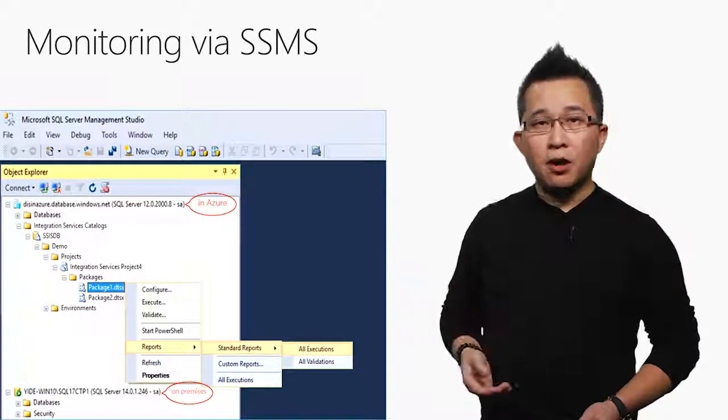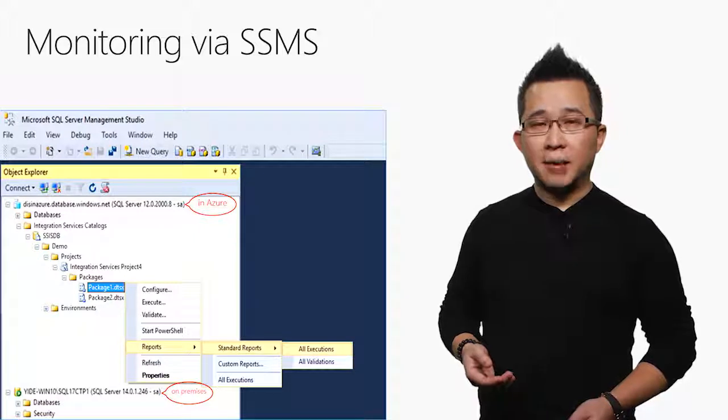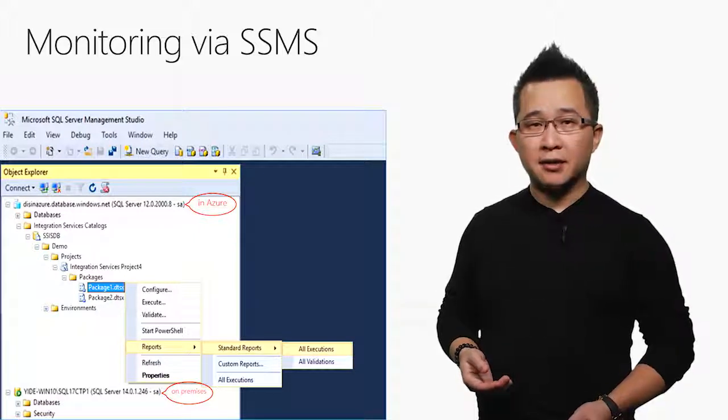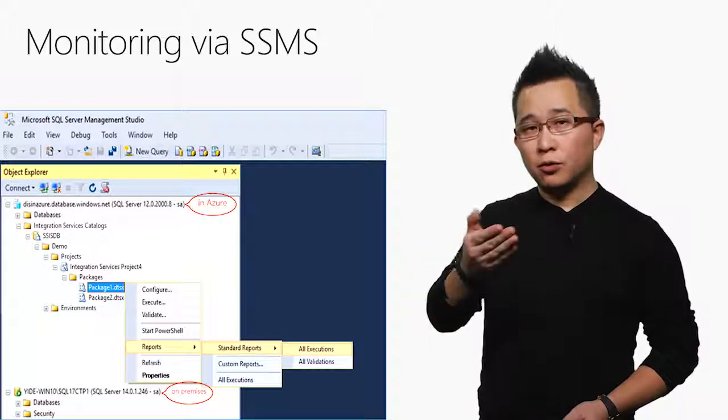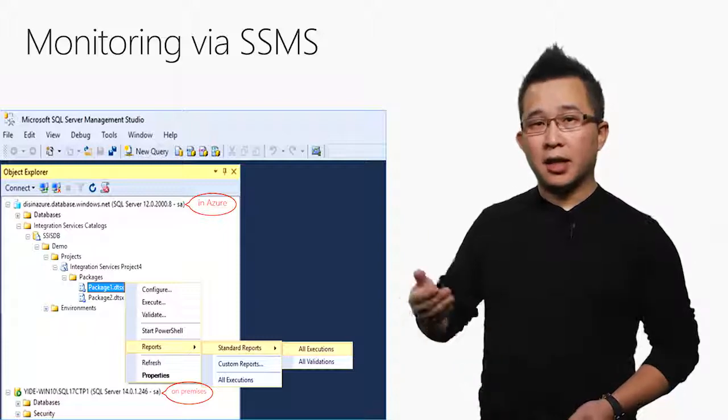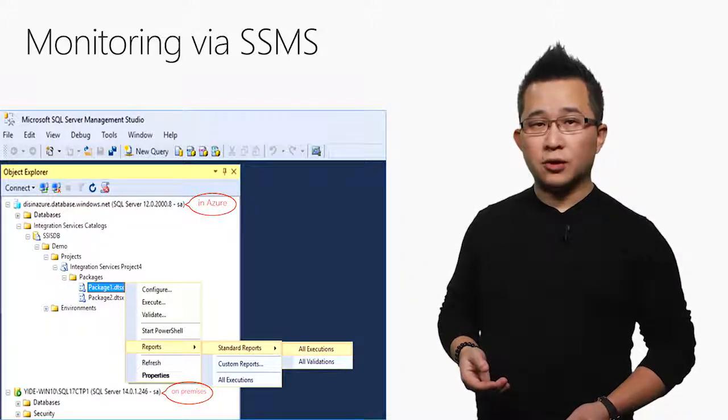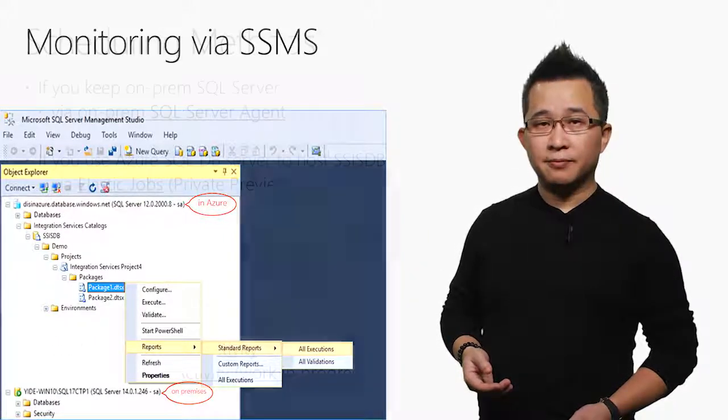Here is an example of how you can monitor the package execution using SSMS. It's the same way as before. You go to the report menu item and check the all executions selection.